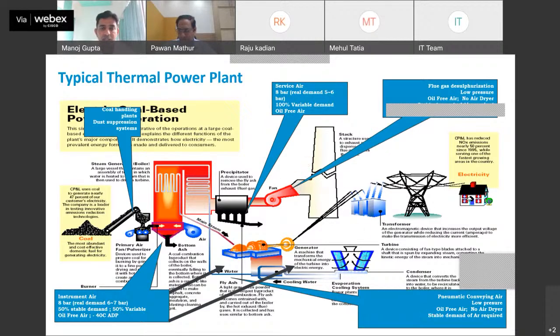And for service air, this is the real demand, which is 100% variable demand, so oil-free compressors are used. For flue gas depressurization, low pressure air is also required with no dryer and an oil-free requirement. So this is the layout where different types of air and different pressures are required. We can provide all types of compressors and pressures based on the consumption pattern.